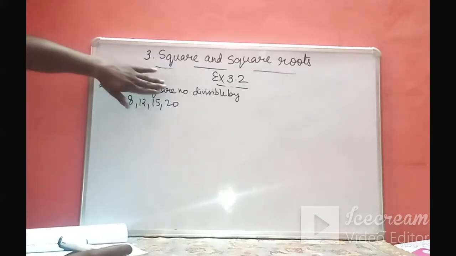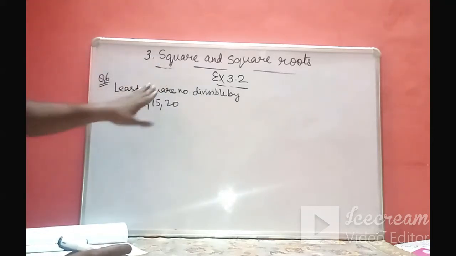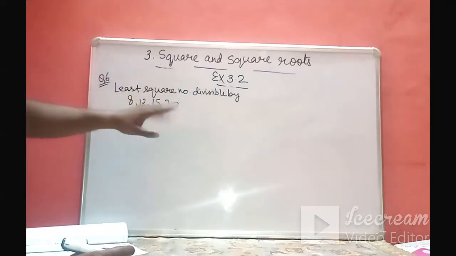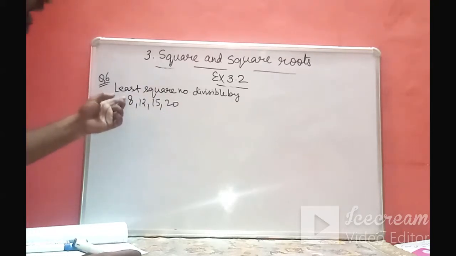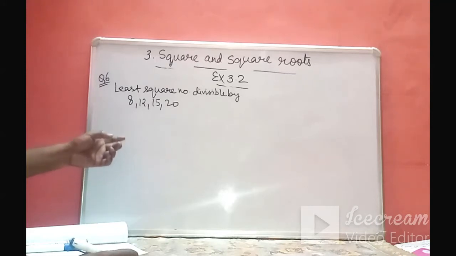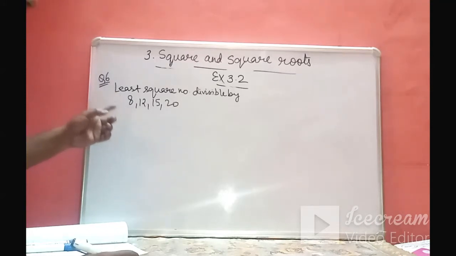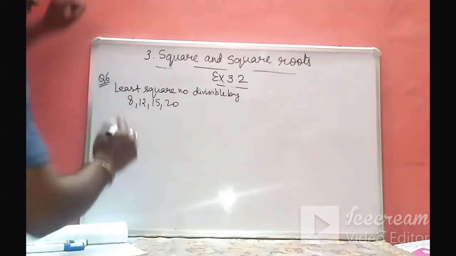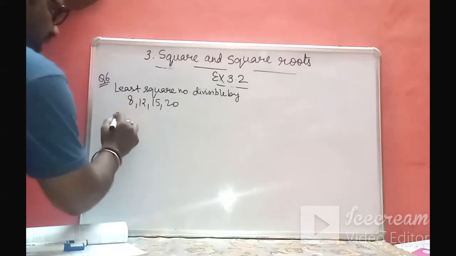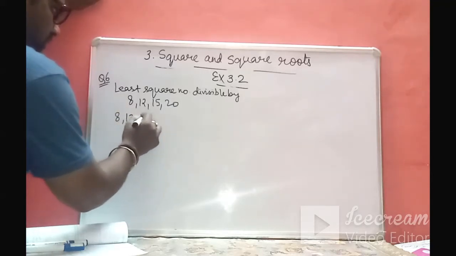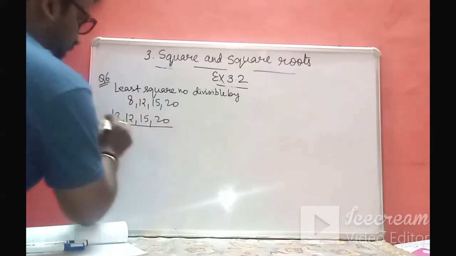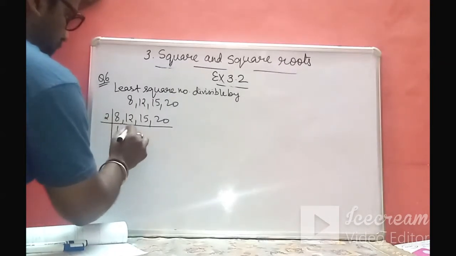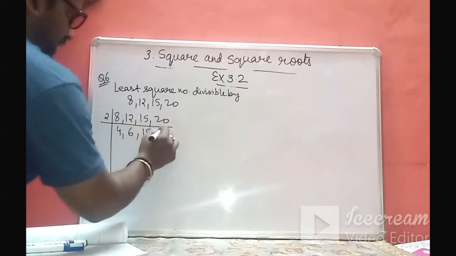Okay, so suppose if square is not there and we have to find the least number divisible by all these numbers, what we were doing was taking out the LCM. So the first step will remain the same. We will find the LCM of these numbers, 8, 12, 15 and 20. So it is 2 into 4 into 6 and 10.